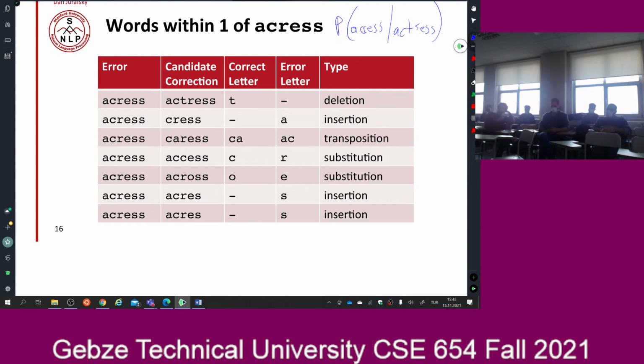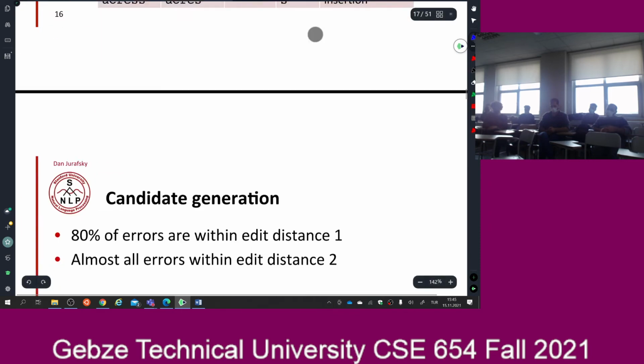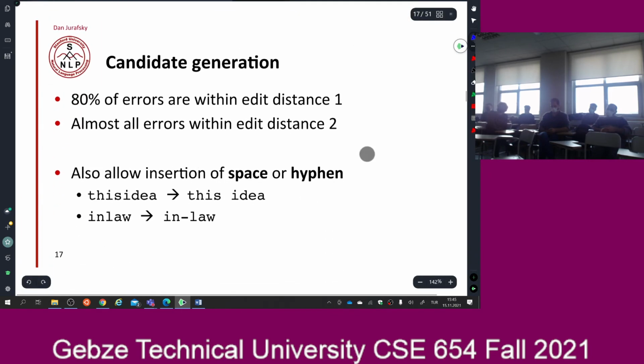So what are the probabilities of each? I know the probabilities of each because I have nice tables built by people who, for example, have access to Microsoft Word, and have taken 100 people's Word files along with their spelling errors and their correct ones, and did this kind of analysis. I have seen that in English especially, 80% of the errors are within edit distance of 1.